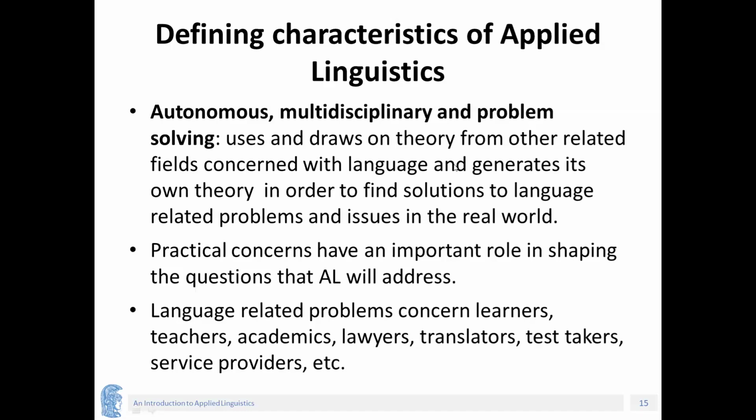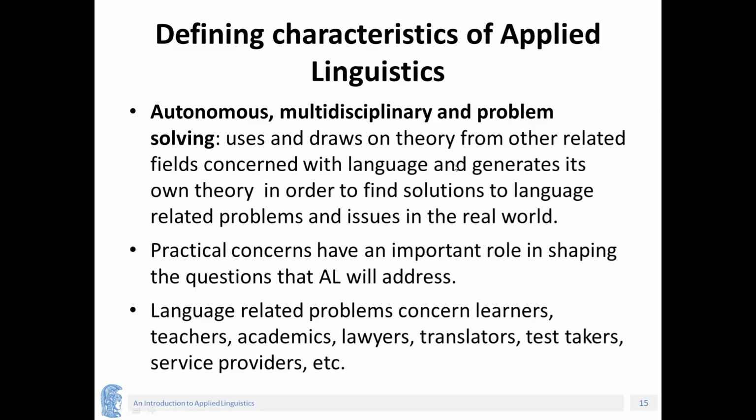Practical concerns have an important role in shaping the questions that applied linguistics will address. You can easily understand that when language is practiced and used, lots of problems are encountered. So the field of applied linguistics stands there to resolve all these problems, and they resolve these problems through research.